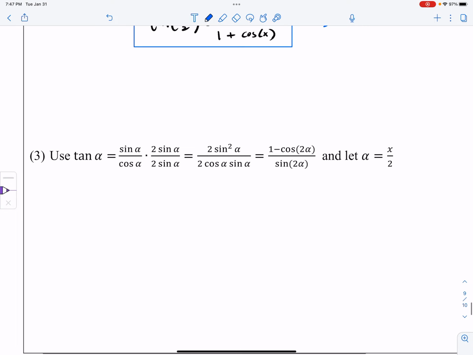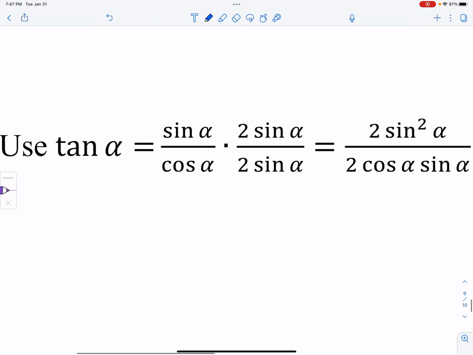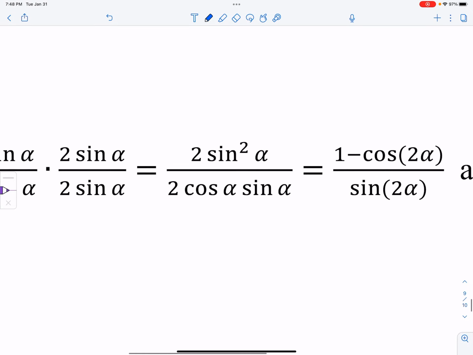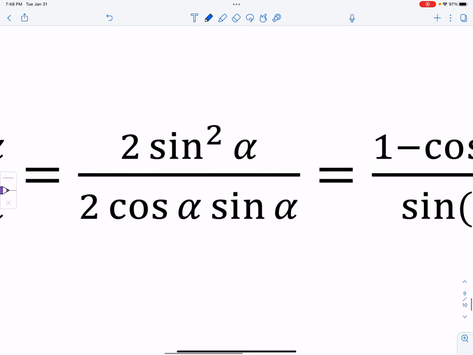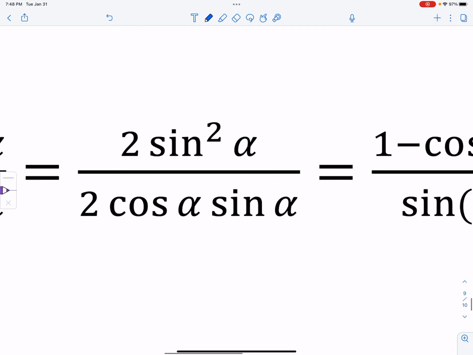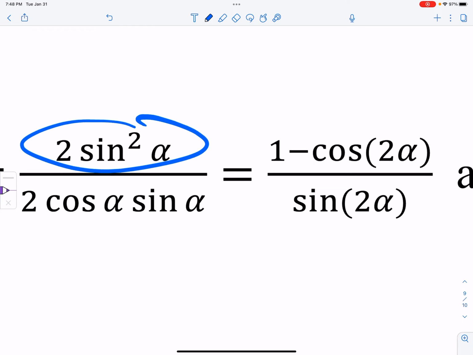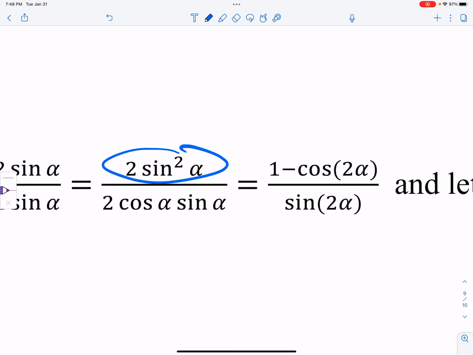And then the third half-angle identity for tangent comes from tangent is sine over cosine, again multiplying by a version of 1. We end up with 2 sine squared alpha over 2 cosine alpha sine alpha. Replacing the numerator here with 1 minus cosine 2 alpha, so again using the second double angle identity for cosine and solving for 2 sine squared alpha, we get 1 minus cosine 2 alpha.